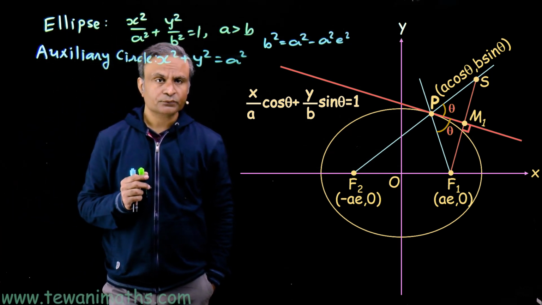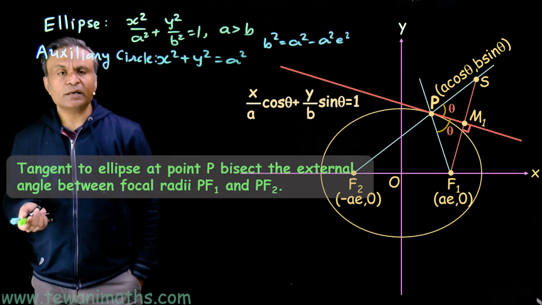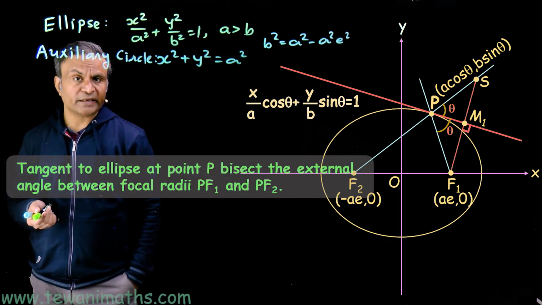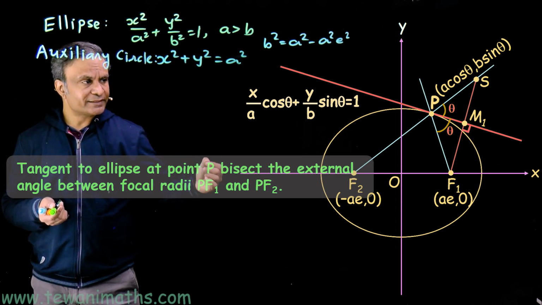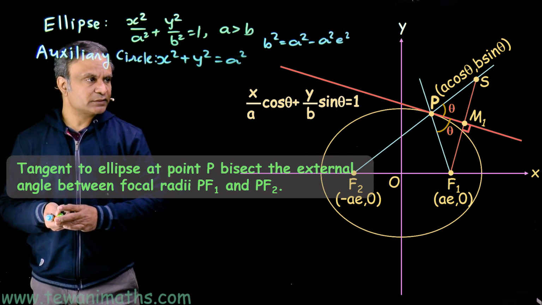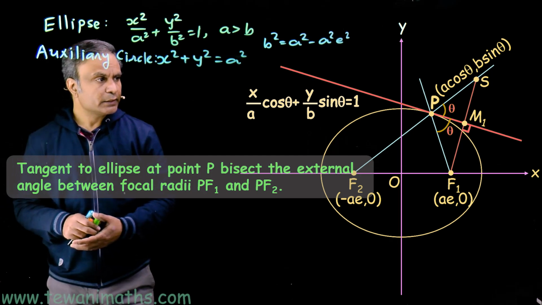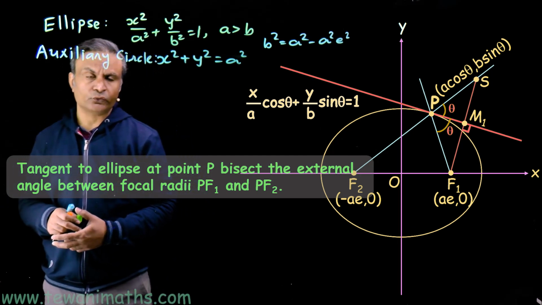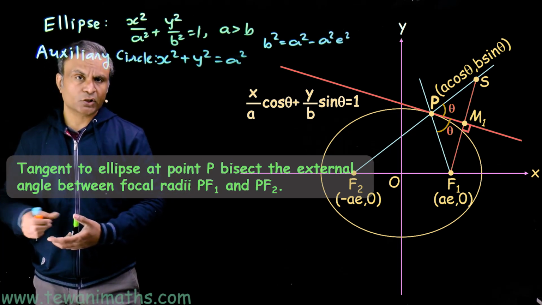The property is: the tangent to the ellipse at point P bisects the external angle between the focal radii PF1 and PF2. That means the tangent is one of the angle bisectors of the lines or focal radii PF1 and PF2. The other angle bisector will be the normal.